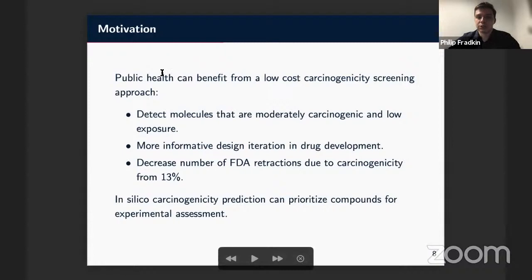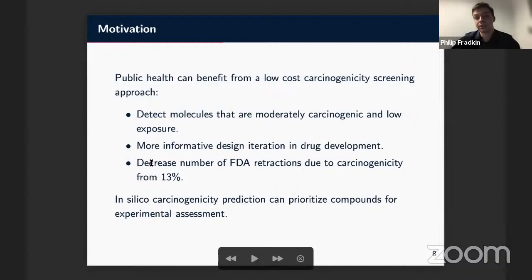So our motivation for this project is that public health can benefit from a low-cost carcinogenicity screening approach, and that can include detecting molecules that are moderately carcinogenic and have low exposure, but still affect the general population. With that, you can have more informative design iterations in drug development.